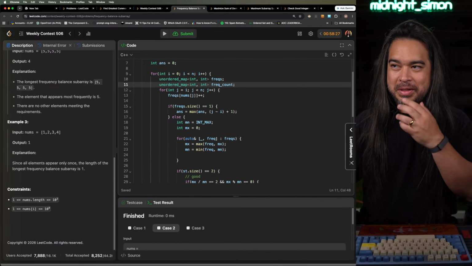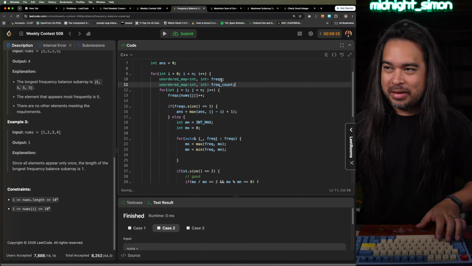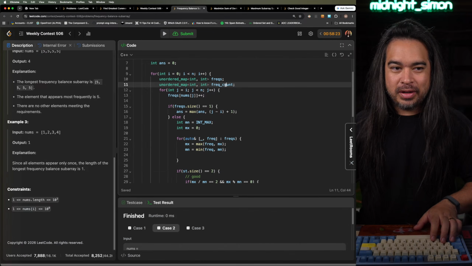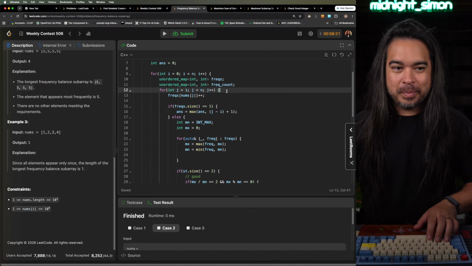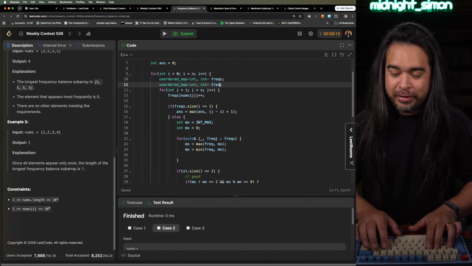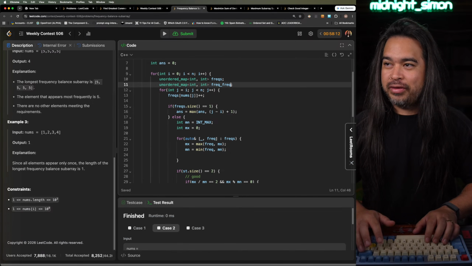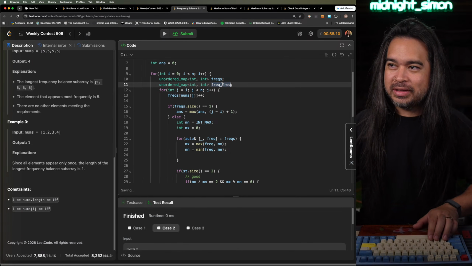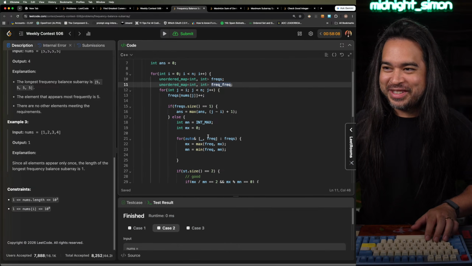Frequency counts. This is such a weird naming symbol. Or freak counts. I don't even know, I'm gonna call it freaks. The frequency of the frequencies. That's more obvious to me.